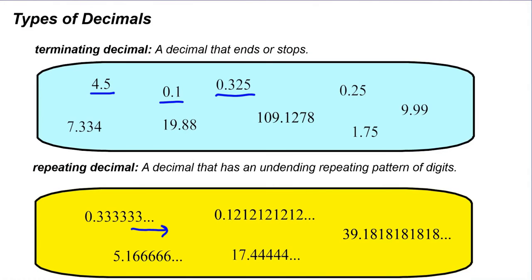We can have more than one digit repeat, like in this example, 0.12121212. That pattern continues on forever. Here we have a digit that repeats after some that don't, 5.1666666. That one keeps on going forever. Here we have kind of like a mixed number with a repeating part to it, 17.44444444, or 39.1818181818. So these are the two types of decimal numbers we need to learn how to deal with.